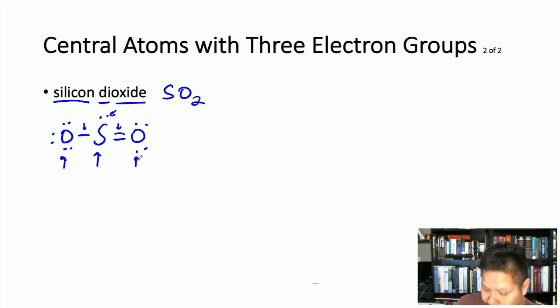But I didn't follow VSEPR. This is just a Lewis drawing, right? But if I want to follow VSEPR, I need to get all these electron groups away from each other as much as possible. So it's going to look like this. Sulfur still has its lone pair at the top, but now I'm going to bend down the bonds.